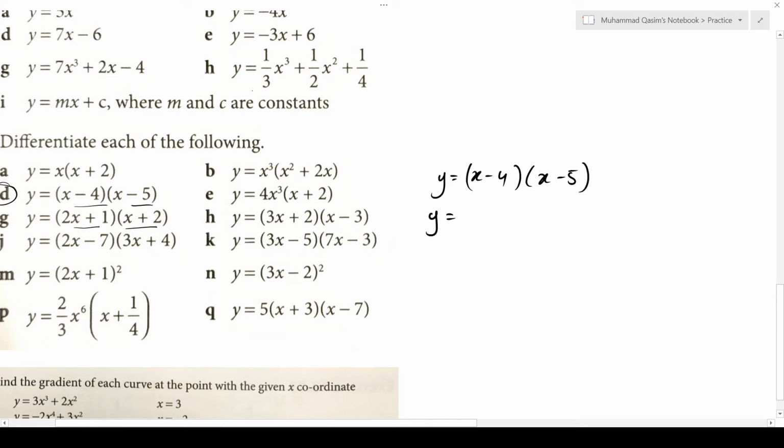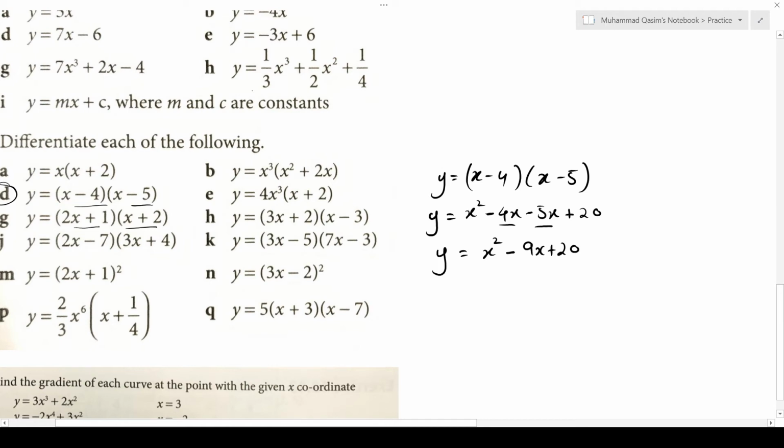Now after expanding, I'm going to get x squared minus 4x minus 5x plus 20. Now after adding up the like terms, I'm going to get y equals x squared minus 9x plus 20.